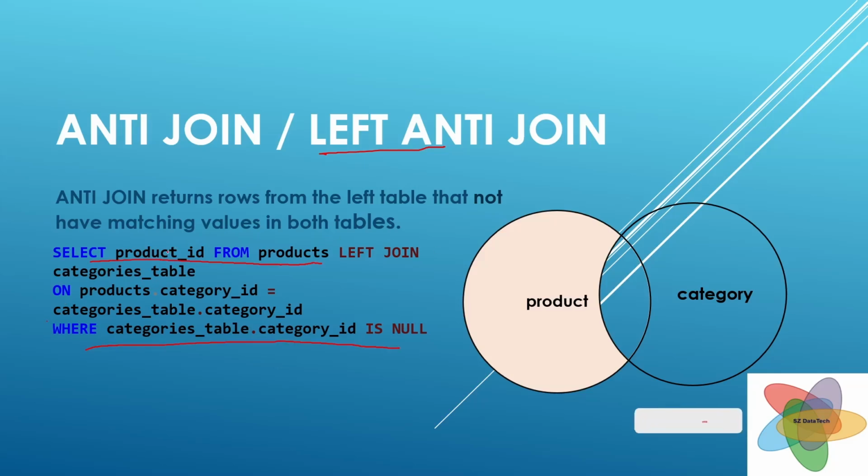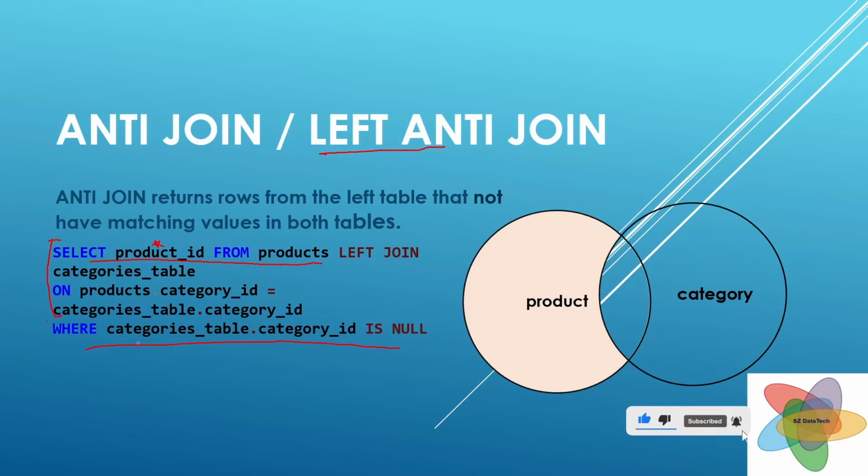If we apply star over here and remove this where clause, then we can treat this particular query as a left outer join. So the query is the same, only some minor changes we have applied.